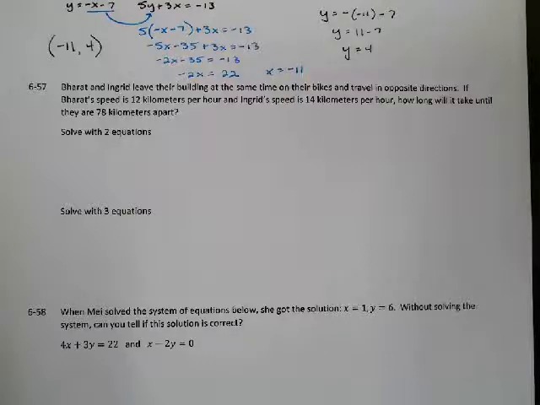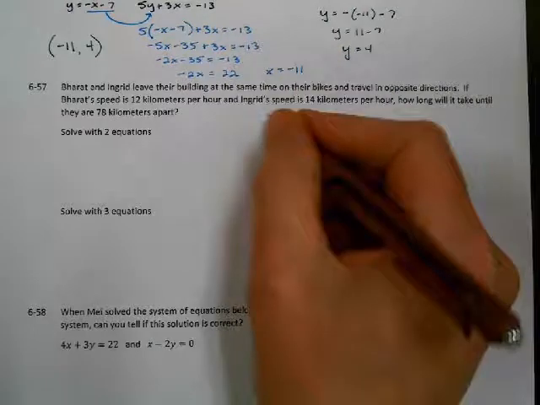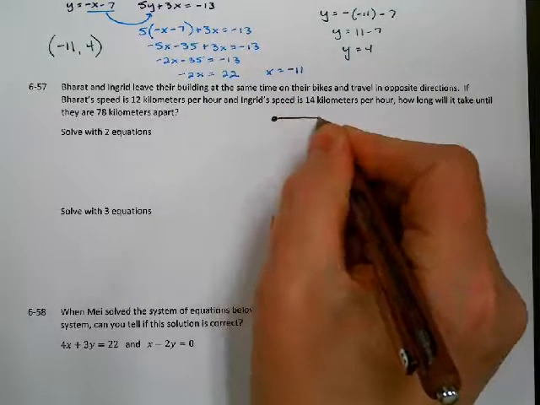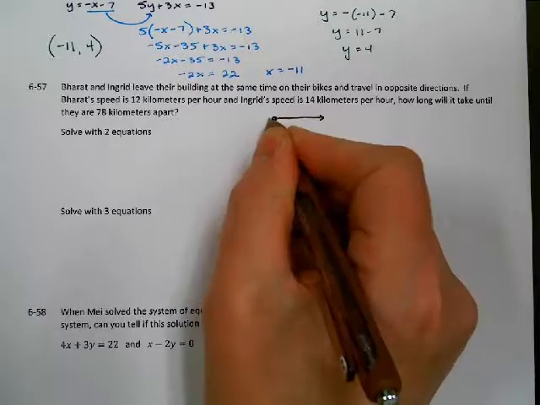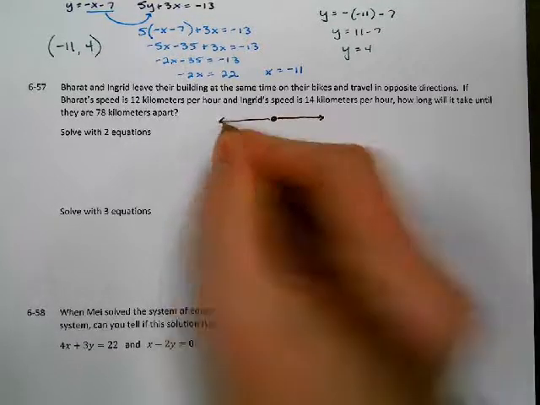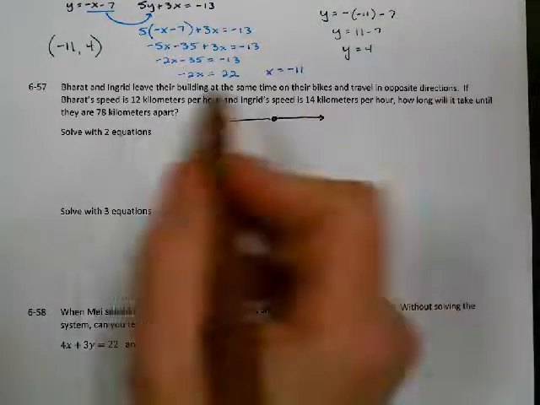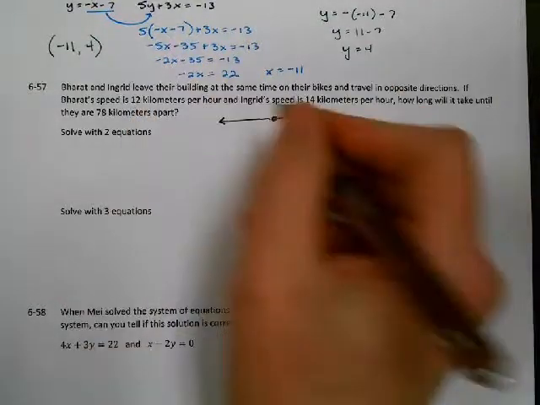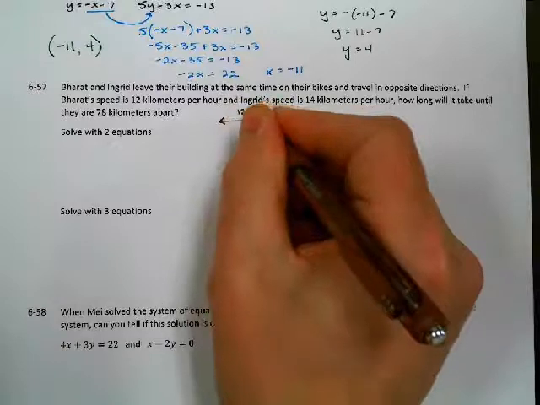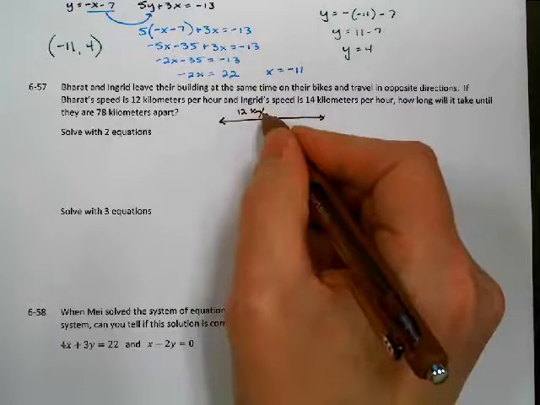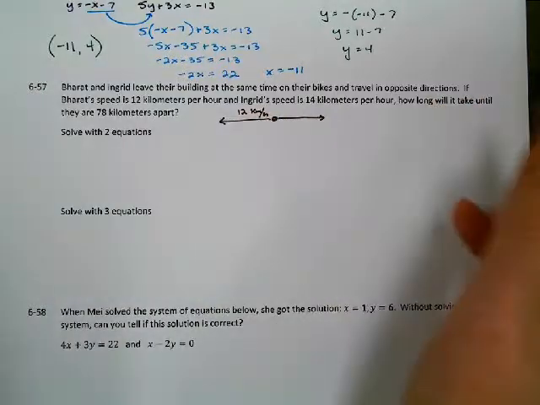All right, so they're starting at the same spot. So here they are at the same spot, and then they go in opposite directions. Okay, so one of them is going, the speed is 12 kilometers per hour. And then the other person is going to go 14 kilometers.